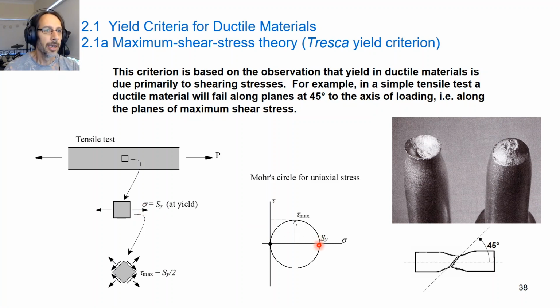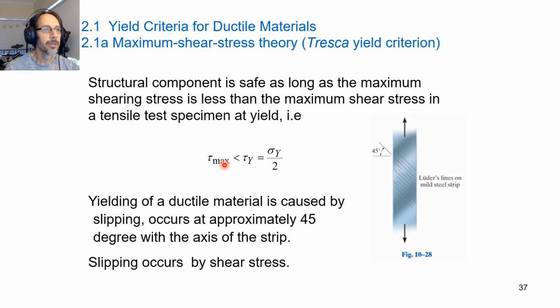Okay. At that point, the maximum shear stress is given by the top of the circle, as we've seen over the last week or two. And the value of this maximum shear stress is the radius of the circle, which is of course the yield stress divided by 2. Okay, and we can rotate our element to see that. So if we go back to here, if our absolute maximum shear stress is equal to the yield stress divided by 2, then we're predicting that yield occurs.